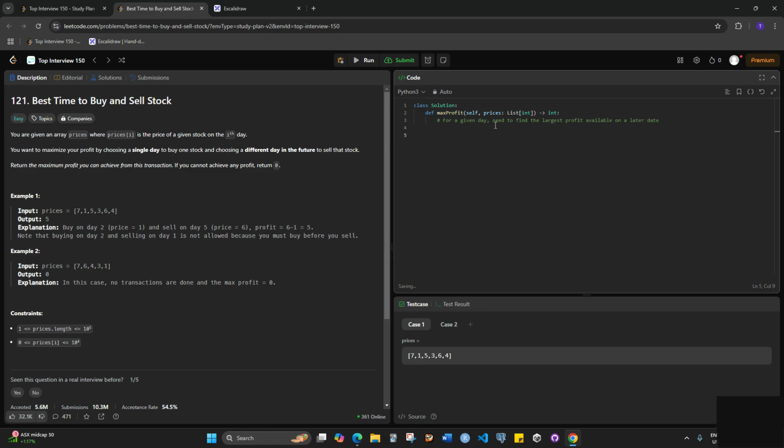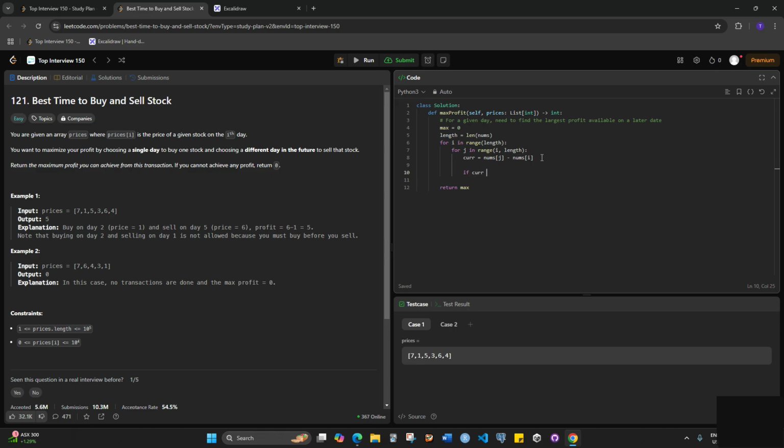this can be done with just the for loop, right? So for i in range length of nums, and then for j in range i to length of nums, cur is equal to nums[j] minus nums[i]. Max equals 0, return max.